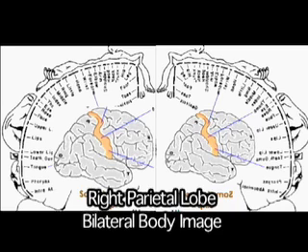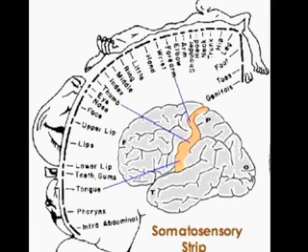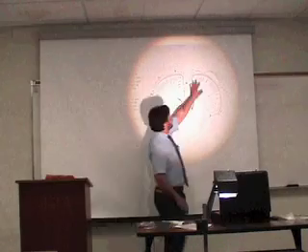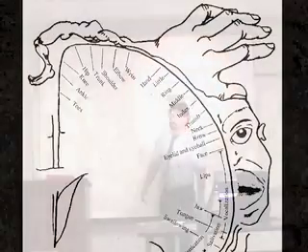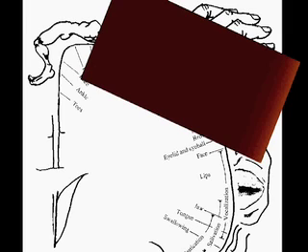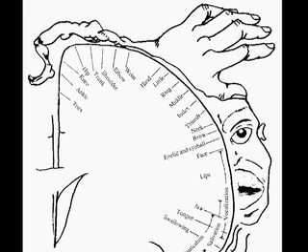By contrast, if the right hemisphere and the right parietal lobe is damaged, the left parietal lobe only has an image of half the body. If you had a massive stroke that destroyed this area, you would lose all sensation of the left half of your body, because the whole body is represented there.